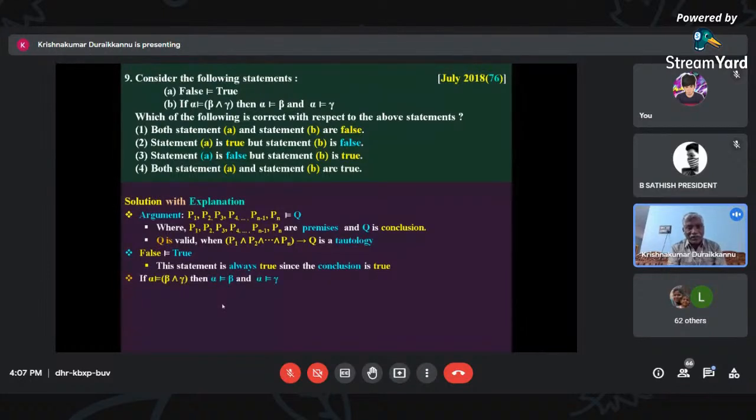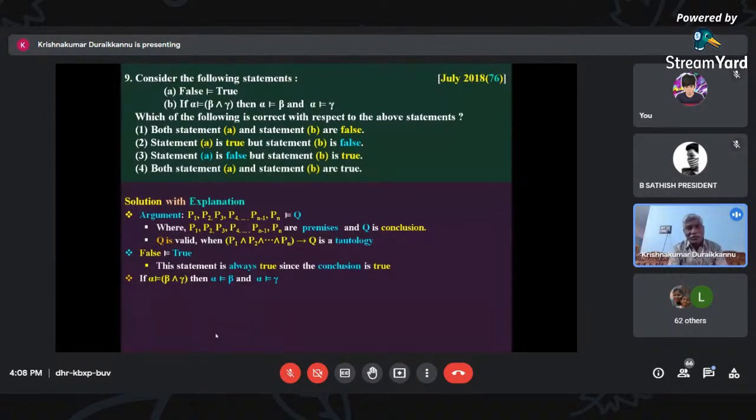For the second statement, if alpha implies (beta and gamma), then (alpha implies beta) and (alpha implies gamma). The left hand side of this operator is the premise and the right hand side is the conclusion.